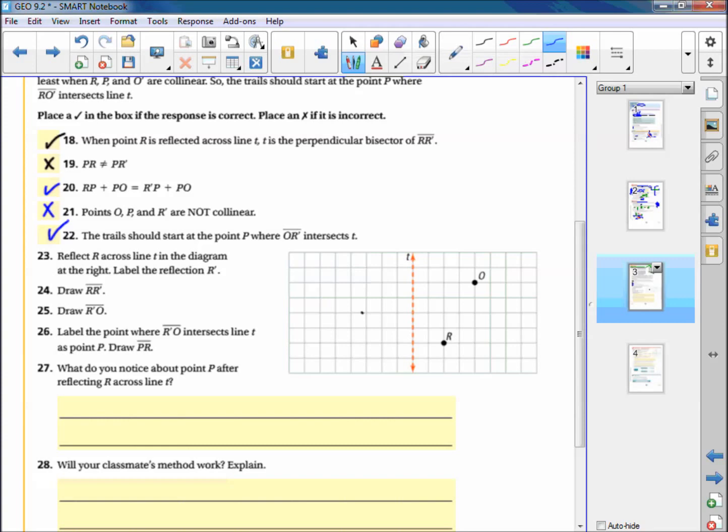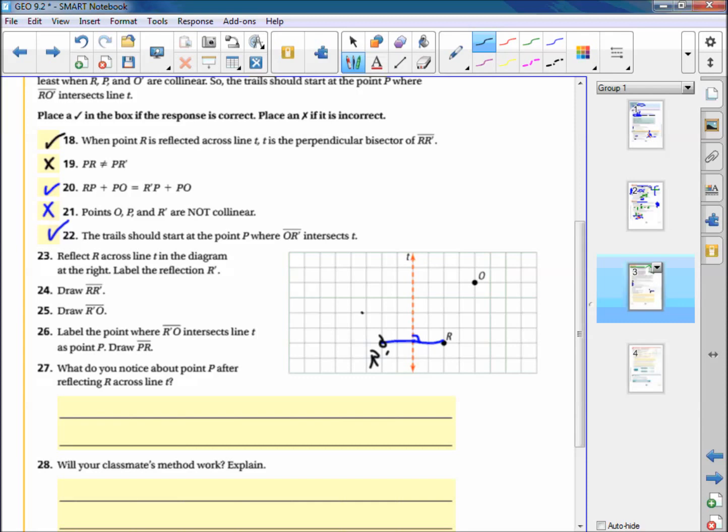Reflect R across line T in the diagram at the right and label the reflection R prime. So when I do my reflection, I'm going to draw a perpendicular. That's 2 segments long. So this new one should also be 2 segments long. So this is R prime. All right. Now, draw R R prime. We already did that.